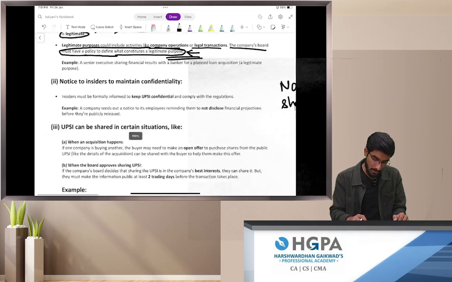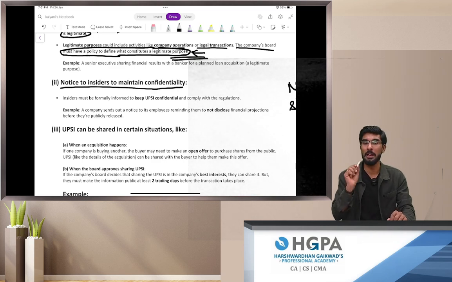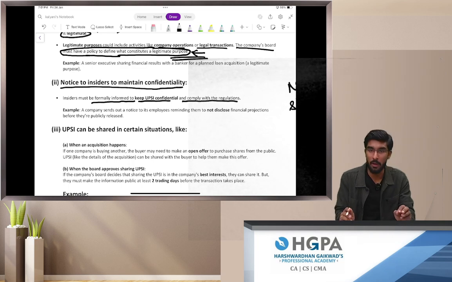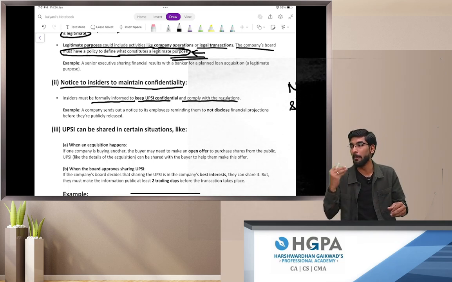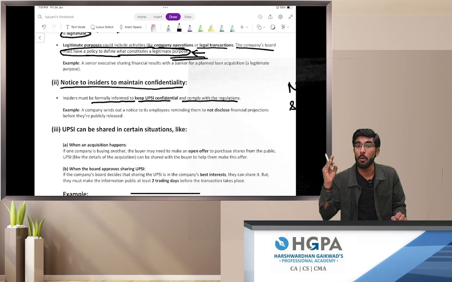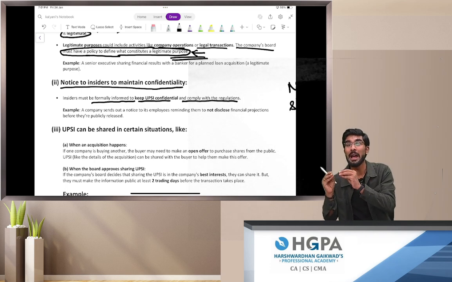The next concept is notice to insiders to maintain confidentiality. Insiders must be formally informed to keep UPSI confidential and comply with the regulations. For example, if in my company an employee discovers UPSI, I should have a proper code of conduct regarding how that employee must treat that UPSI.